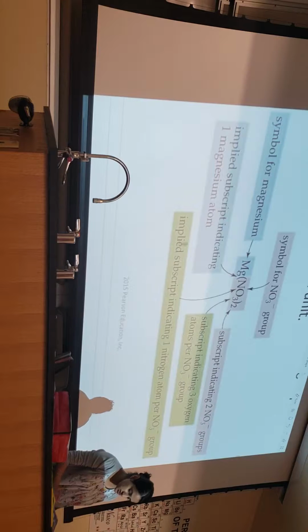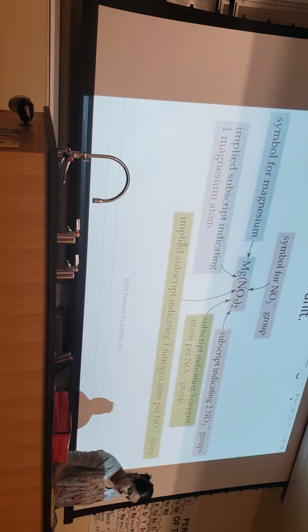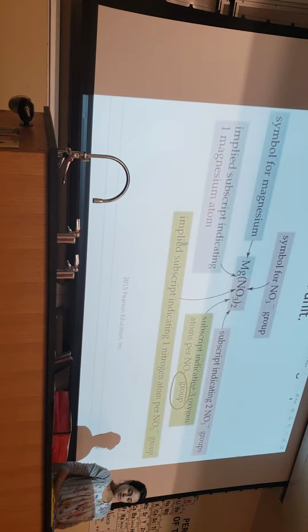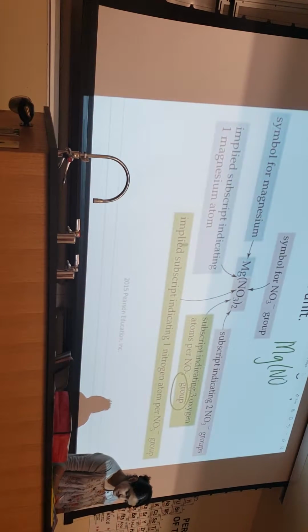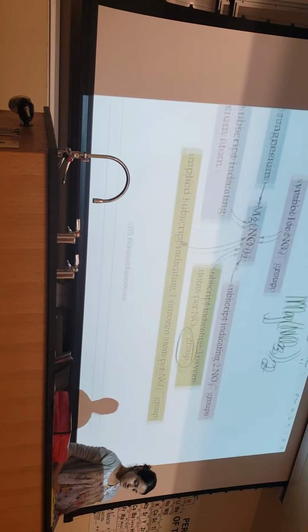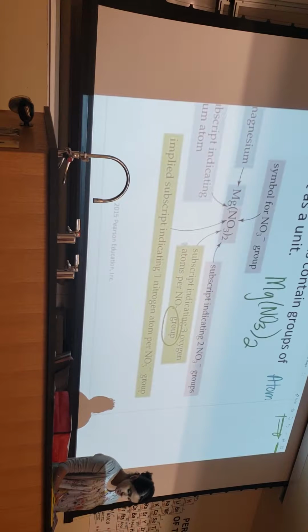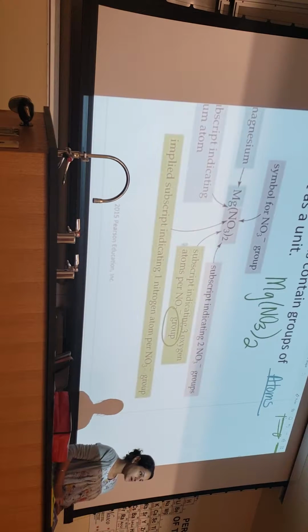So they call this a unit or a group. You'll hear that word being used, a unit or a group. Now, if I'm looking at this formula, if I want to figure out the number of atoms, I can figure that out.